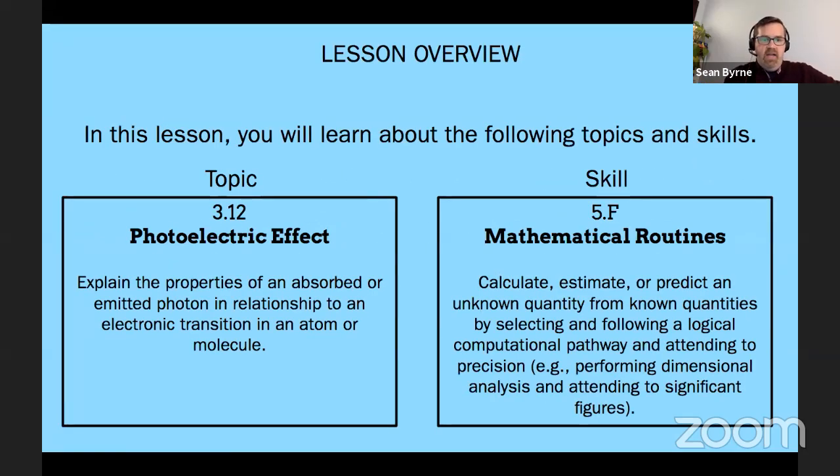The photoelectric effect is going to help us get a better understanding of the calculations behind some of the observations we just saw. There was no quantitative data that we really looked at up to this point, but we're going to talk about absorbed and emitted photons. What's the relationship between their quantities?